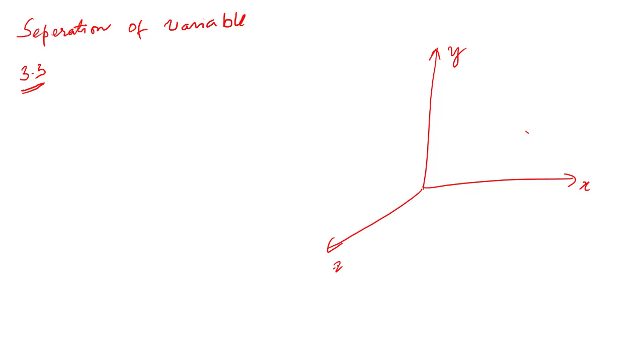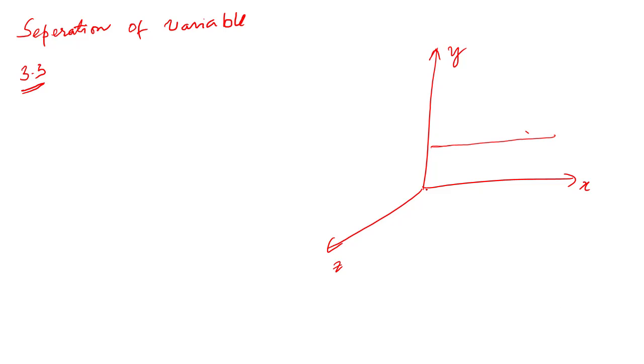So let's take the example in Griffiths. We're going to solve example number 3.3, where two infinite grounded metal plates lie parallel to the xz plane. So we have x, y, and z axes, and then two metal plates.